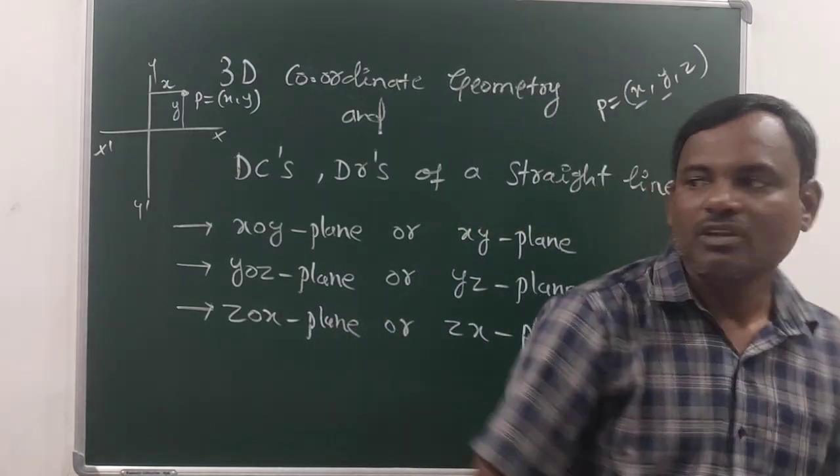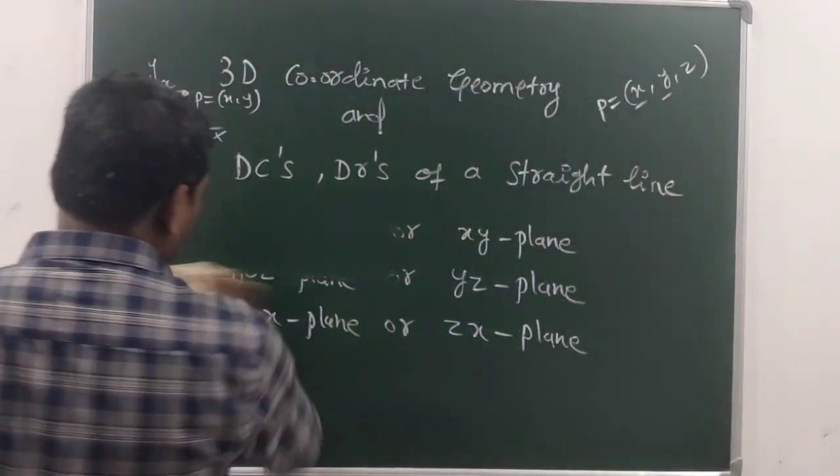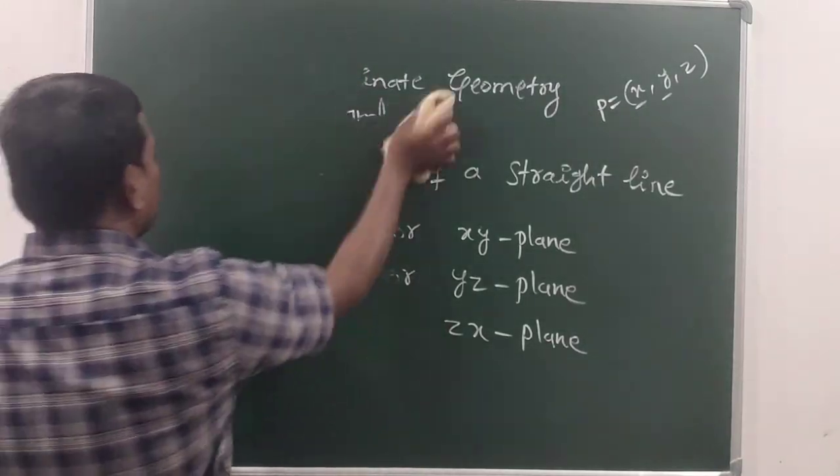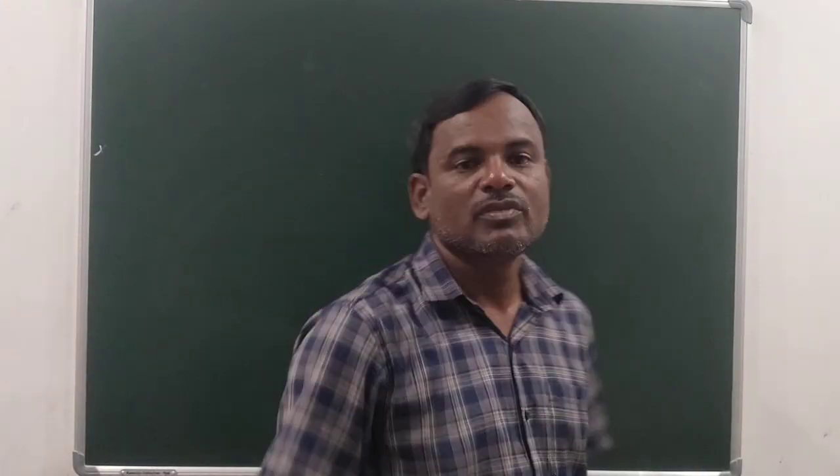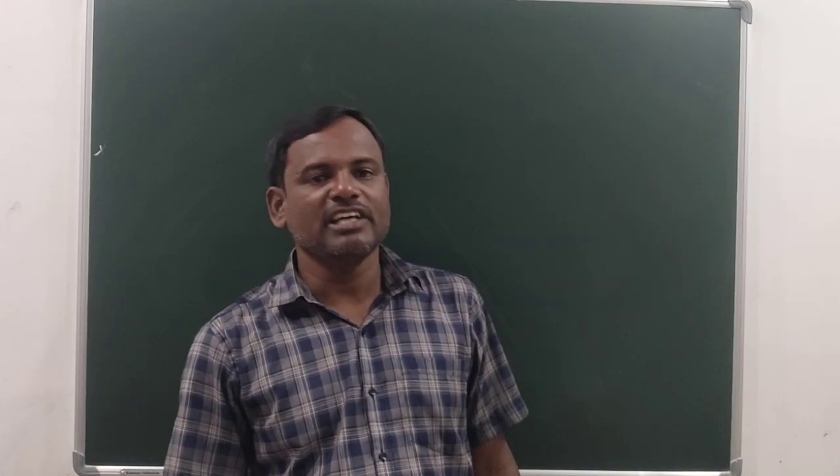Right. Now, let us go to the coordinates of the origin. You know, in 2D coordinate geometry you have written the coordinates of the origin as 0, 0.